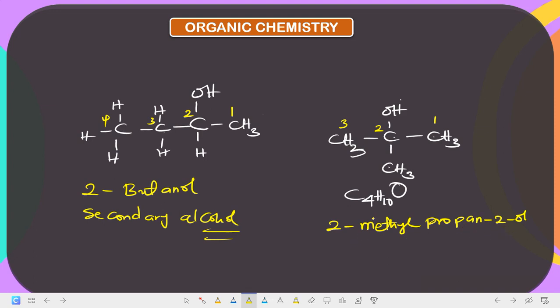So this is the IUPAC name, and this is a tertiary alcohol. So that is the differences between primary, secondary, and tertiary, and their various IUPAC names.